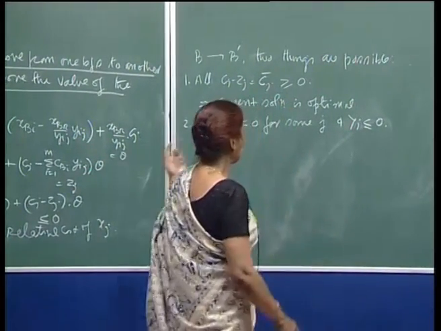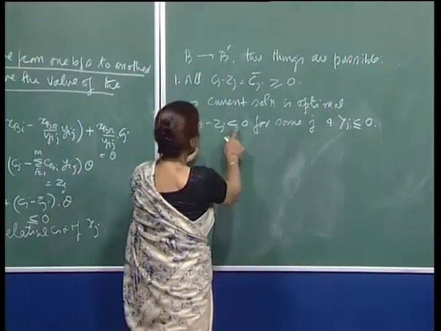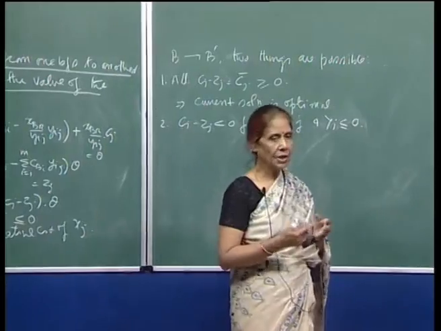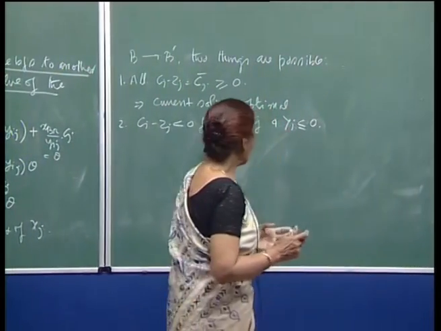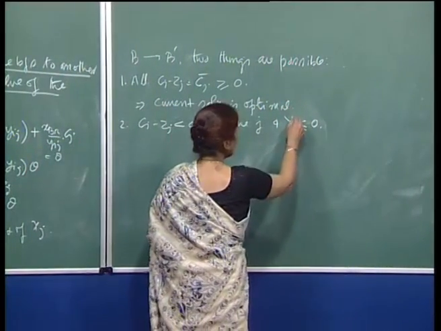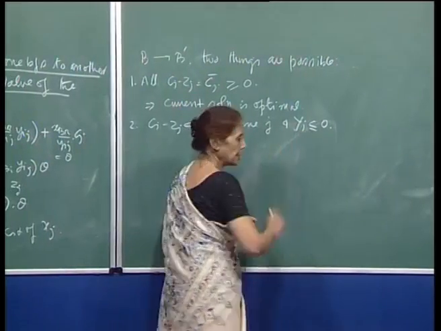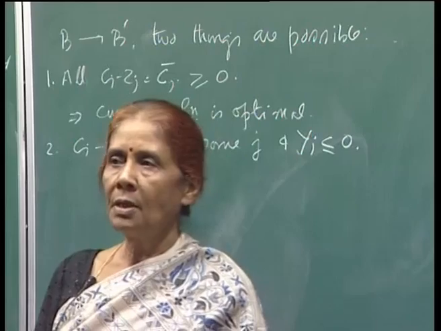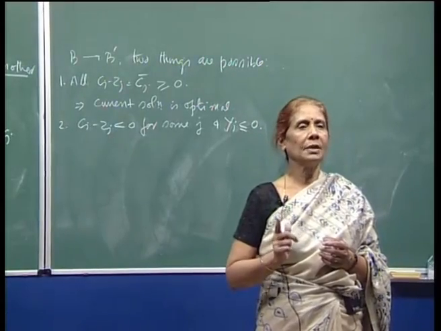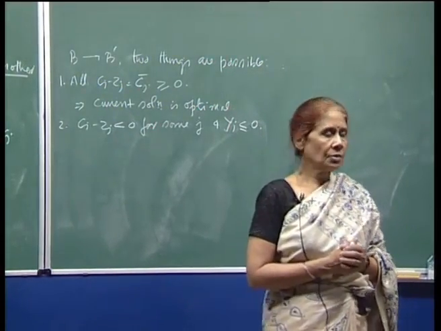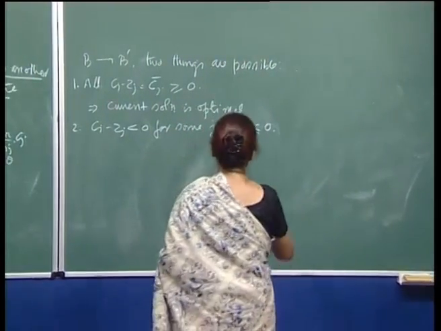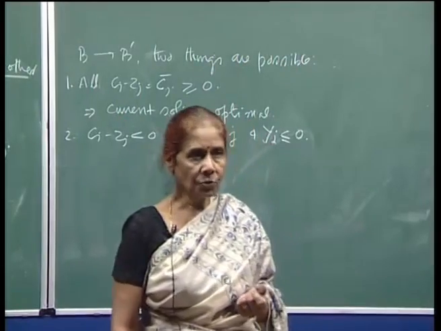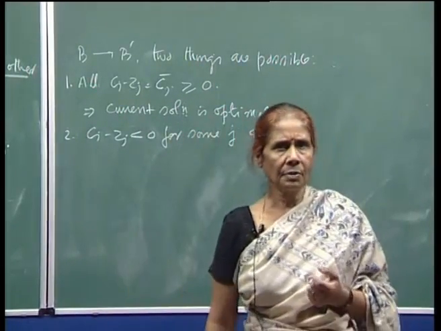Now, if C j minus Z j is less than 0, I want to bring the corresponding column A j into the basis, but I cannot proceed with the simplex algorithm, because all entries under the column A j are less than or equal to 0, and I need at least one pivot element which is positive. So, we cannot proceed with the simplex algorithm here, but then we can make certain conclusions about the problem.